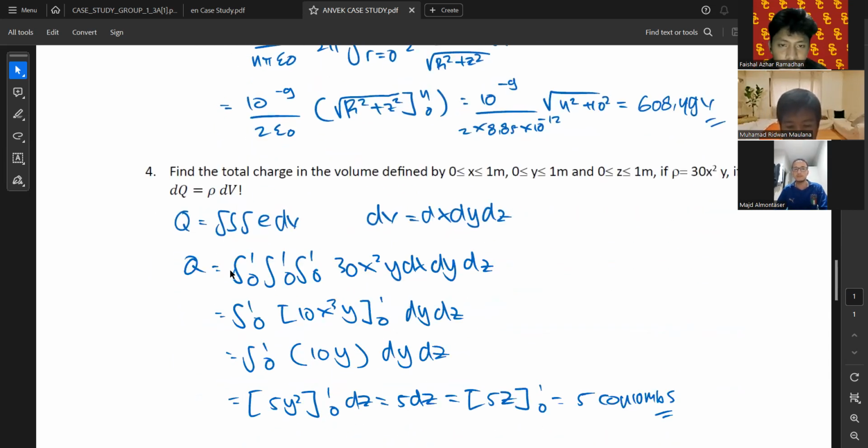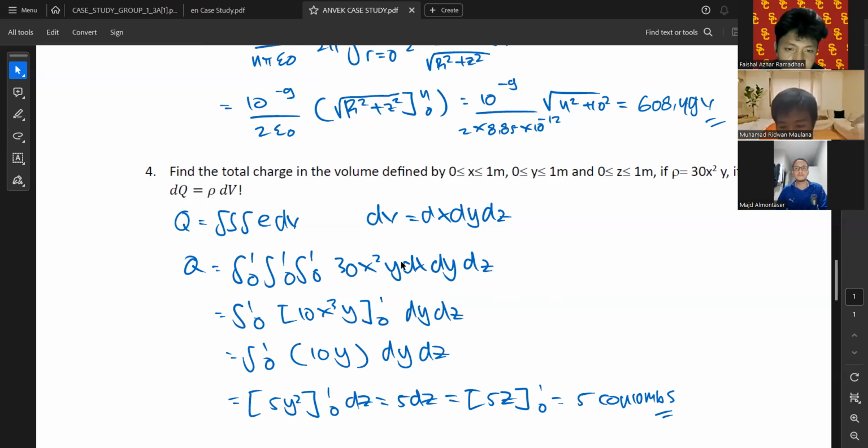So we just plug in the integral from 1 to 0, 1 to 0, and the integrand is 30x squared y dx dy dz, and the integral from 1 to 0 multiplied by 10x to the power 3 y, integral 1 to 0, dy dz.